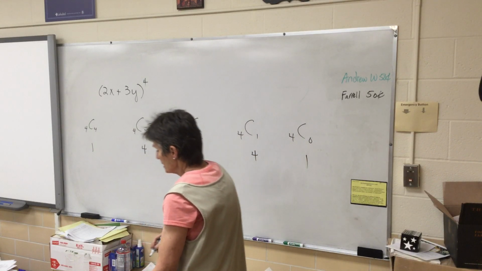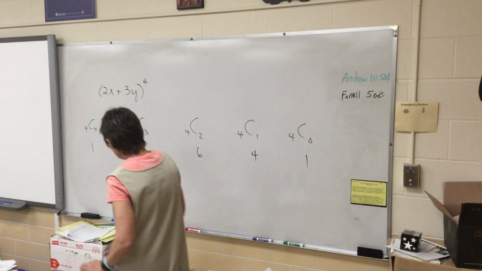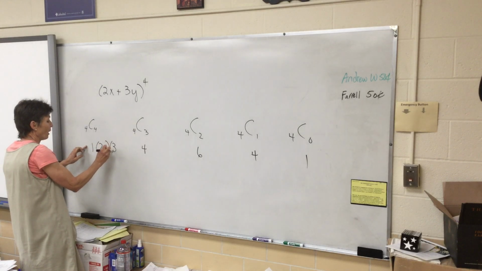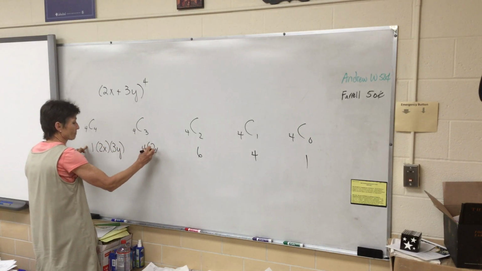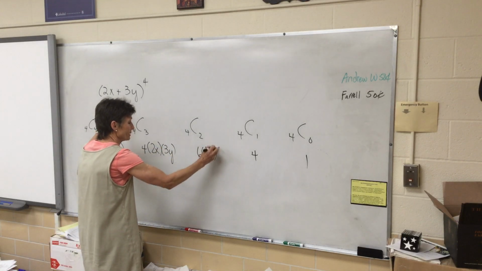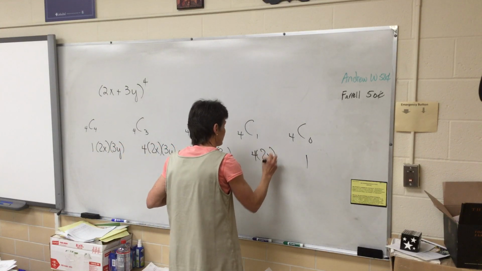Okay? Now, next to each of those numbers is going to be a 2x and a 3y, the two parts of the binomial that you are multiplying out.